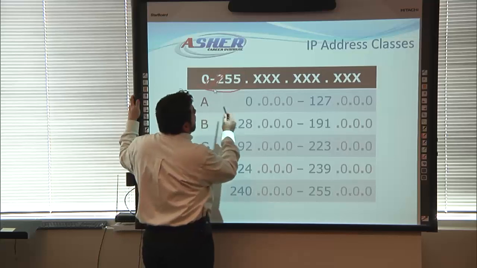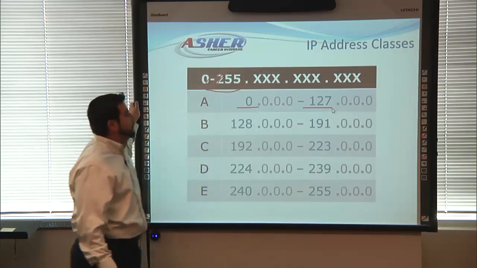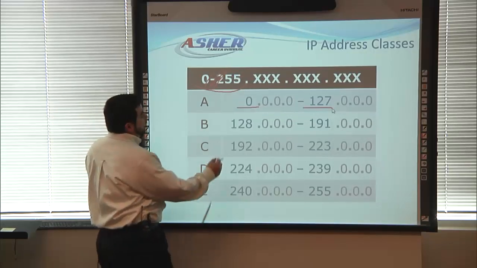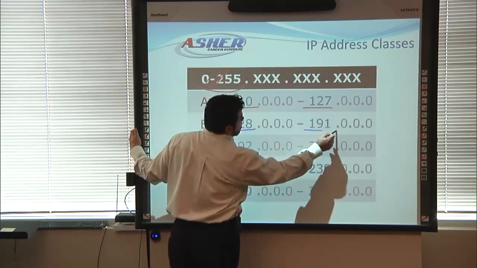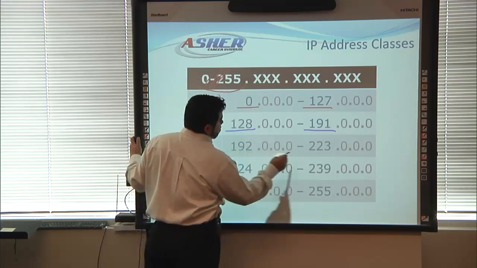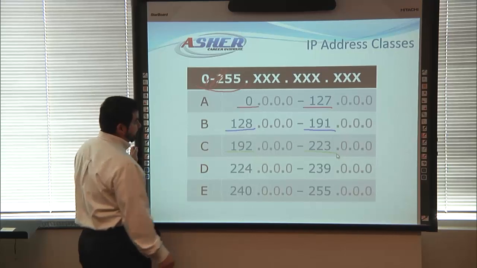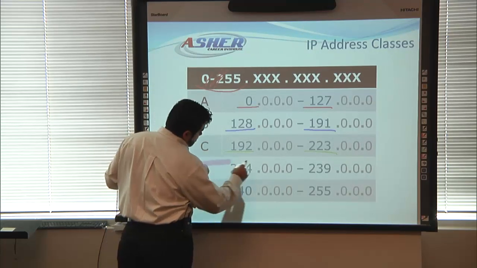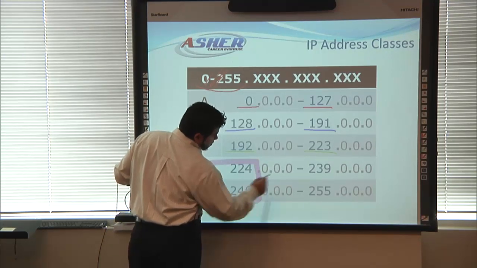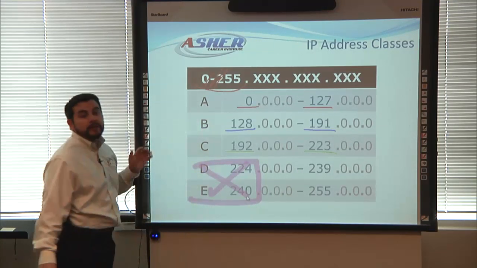So a class A would start with 0 through 127. A class B would start with 128 to 191. A class C would start with 192 to 223. And then the last two, D and E, are 224 to 240, but we actually don't use D and E on the internet.